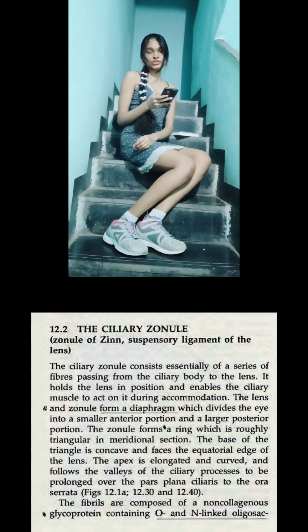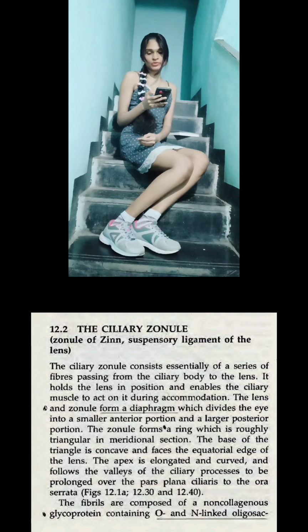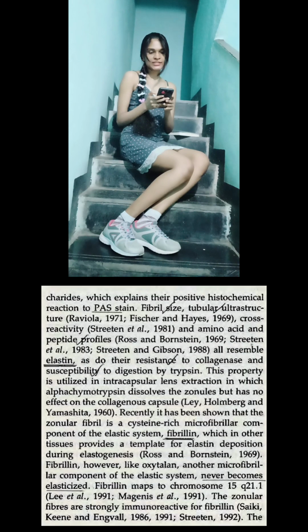So, the composition of these ciliary fibers or fibrils. These fibrils are composed of a non-collagenous glycoprotein containing O and N-linked oligosaccharides, which explains their positive histochemical reaction to PAS.